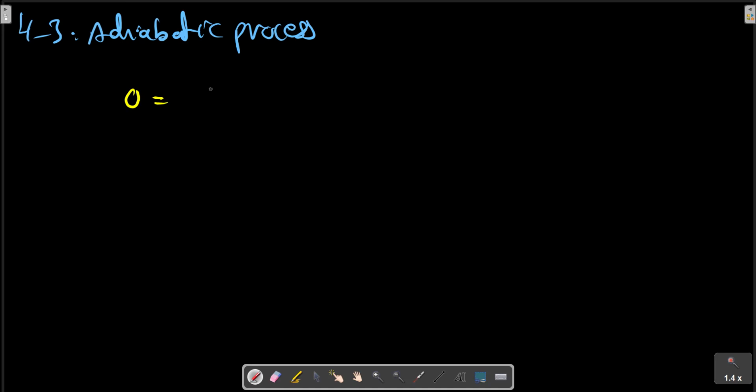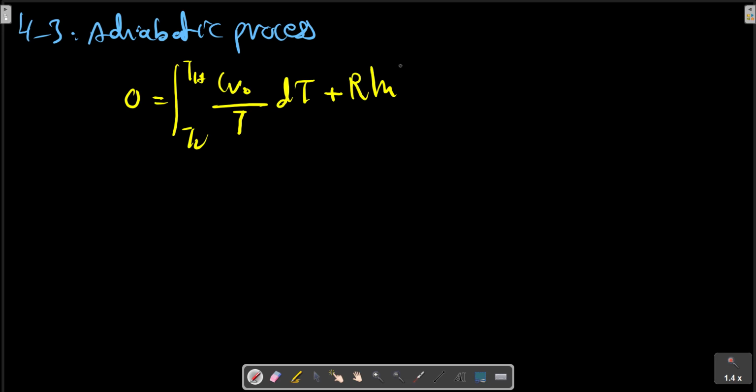And also we have another adiabatic process, for 4 to 1 adiabatic. Zero equals C_V0/T dT plus R ln(V1/V4).